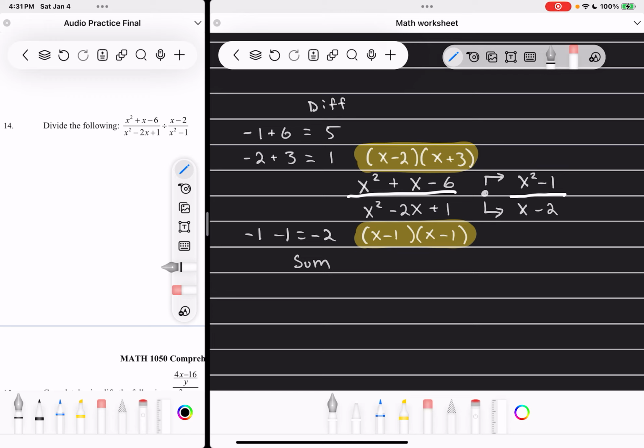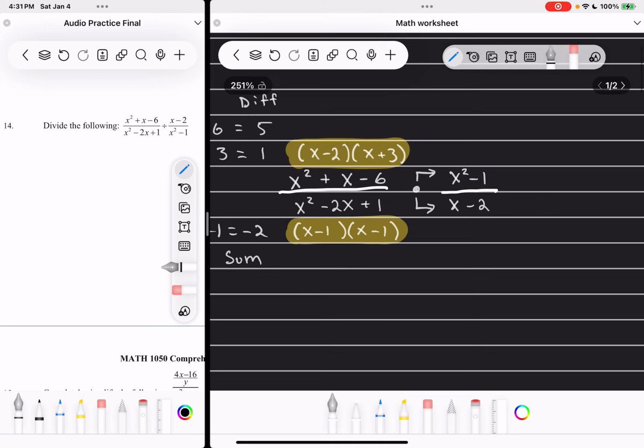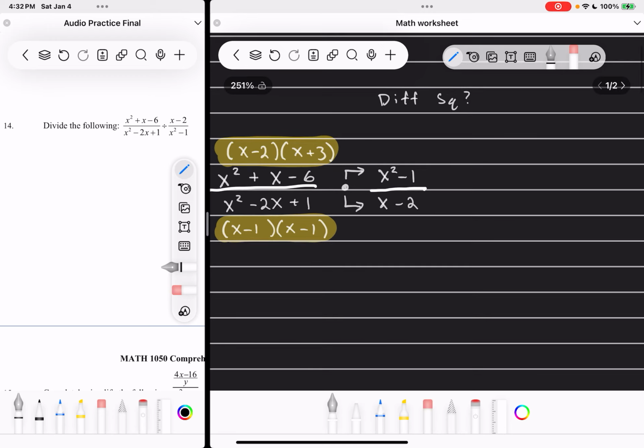The next thing we're going to look at is this one right here, the upper right. That is a binomial. Because it's a binomial, we're going to ask ourselves first, is it a difference of squares? And it is. And we know that difference of squares means a squared minus b squared is a plus b, a minus b.